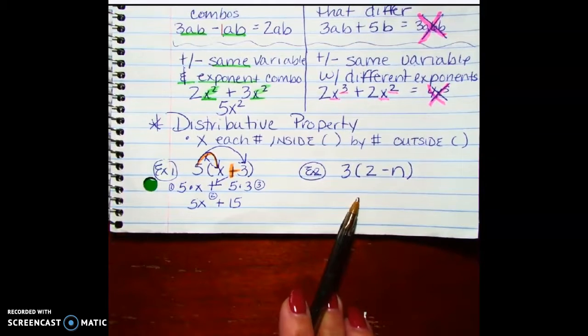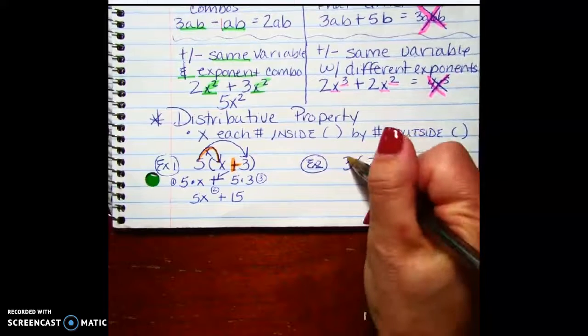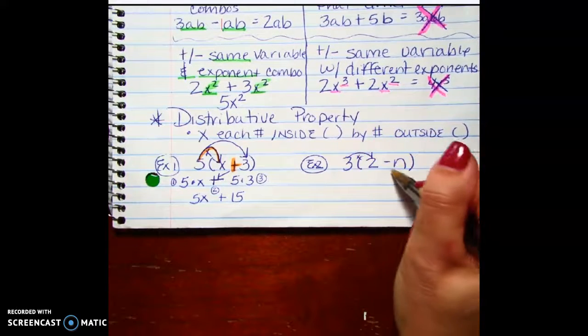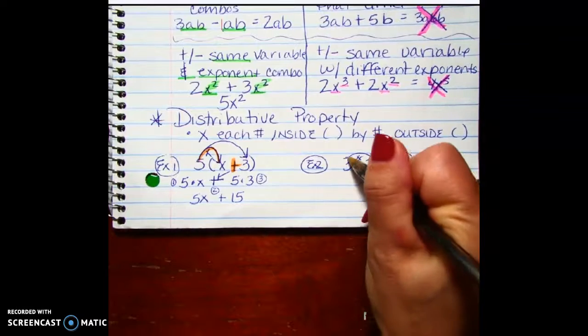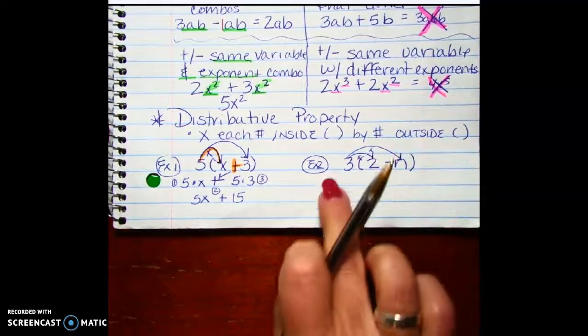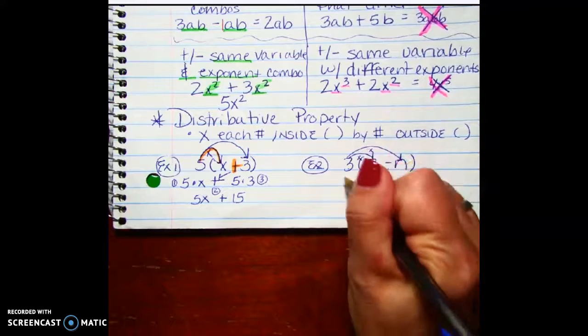So let's do the same thing with this one over here. Again, first we multiply this. Then we take care of our subtraction sign. Then we multiply that. So we're distributing 3. So here we go. I take 3 times 2.